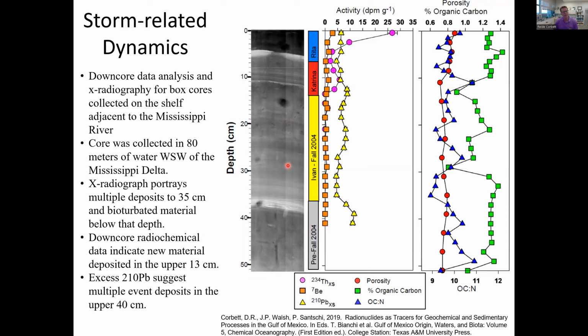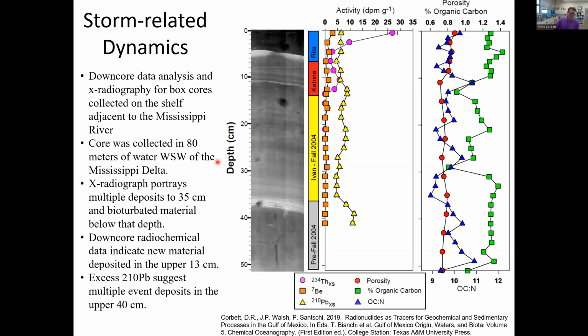And what we were able to actually do is define what these different stratigraphic horizons represented based on the radiochemistry. So based on the fact that we have thorium-234 and beryllium-7 present in these upper two layers, not present in this deeper layer, the lead-210 gives us some indication of what was happening within all three of these layers with time.